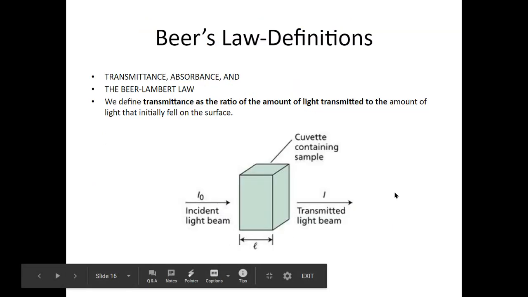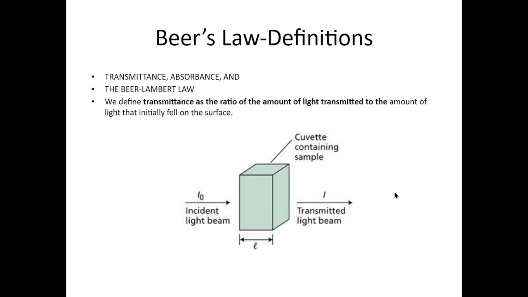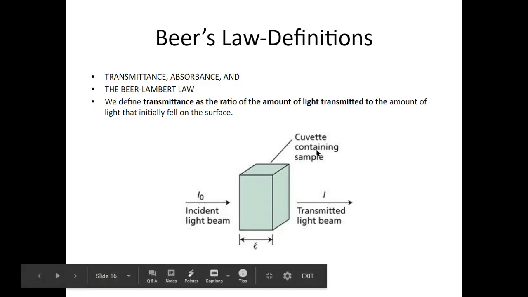That comes along with this whole equation called the Beer-Lambert law, or Beer's law. It puts together transmittance, absorbance, and the Beer-Lambert law. We define transmittance as the ratio of the amount of light transmitted to the amount of light that initially fell on the surface. Let's imagine this is the cuvette inside the spec, and it has a sample, a colored solution.